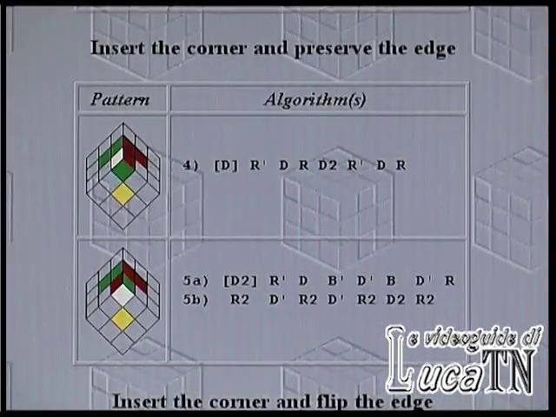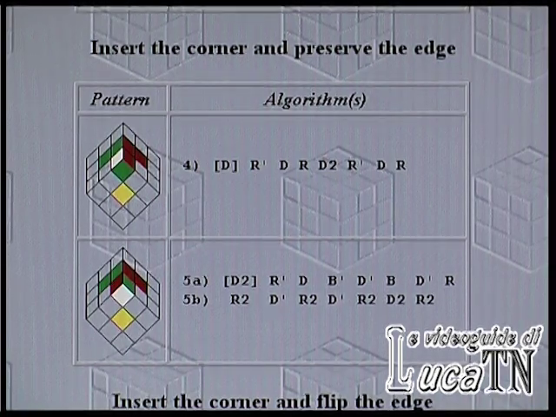This is the insert the corner and preserve the edge. We have two cases. In the first one, solved by the algorithm number 4, we have the white cubie in front of us, and in the other case we have the white part that is on the bottom side of the cube.